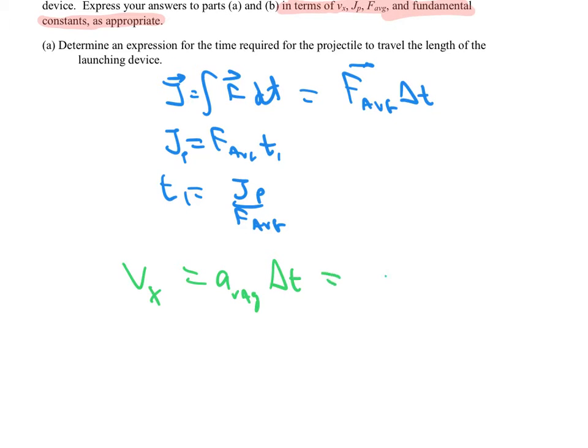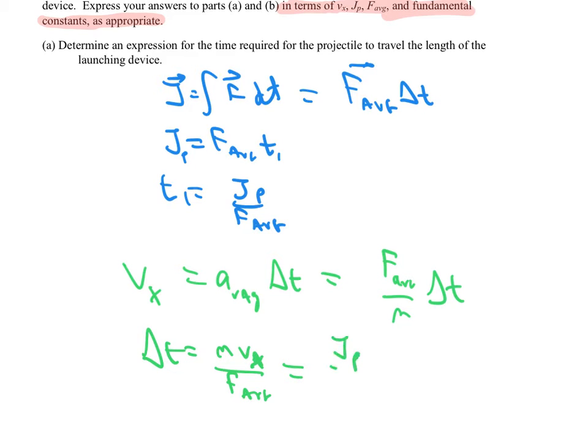But the average acceleration is the average force over the mass. And so we have delta t is mvx over F average, but mvx is just Jp over F average. We end up in the same place, you get the same points.